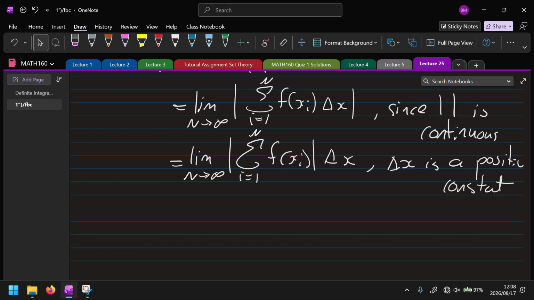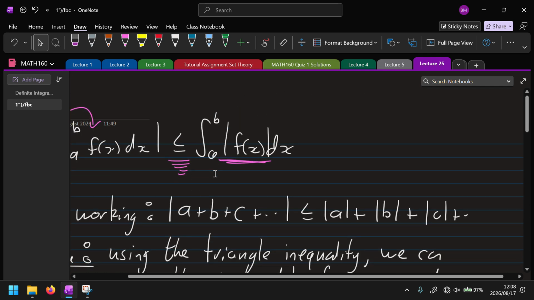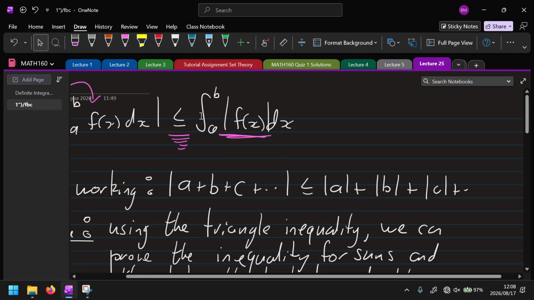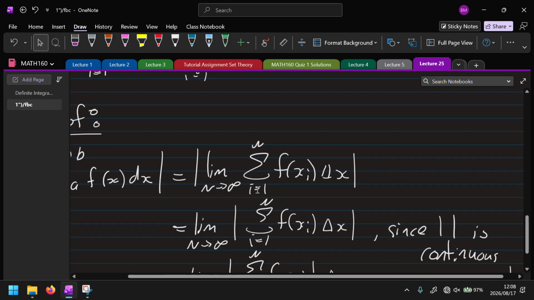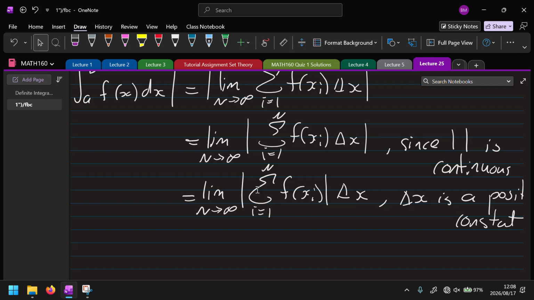Okay, good. Now what? So these have all been equalities down here. But remember what we want? We want to get to this. So what can we do? Just imagine you're in a test.